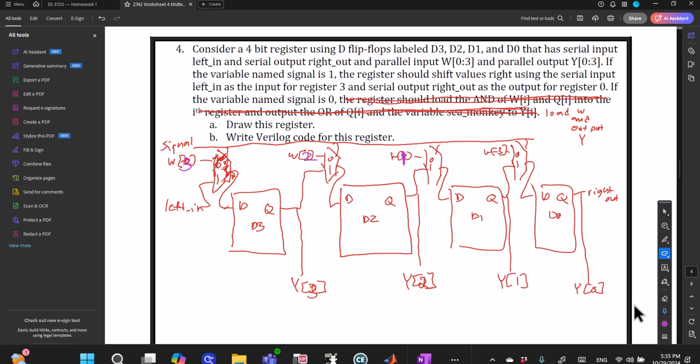Oh, so if I don't say the output from a particular one, it'd be like that. Also, if it's not stated what the input of the multiplexer is, you just assume it's the output of the previous one. Okay, that's interesting.